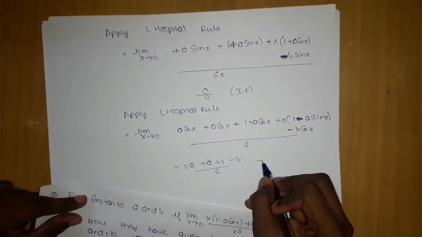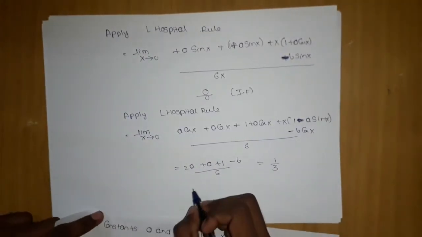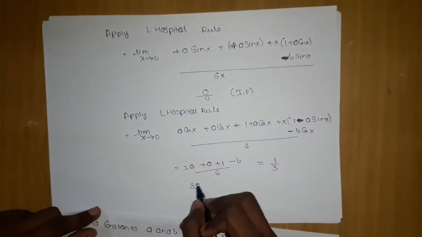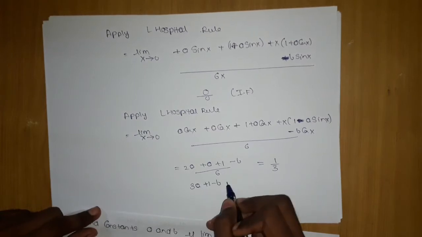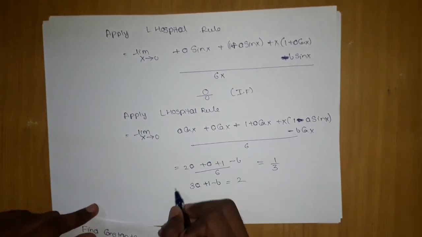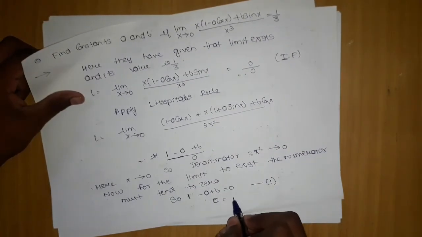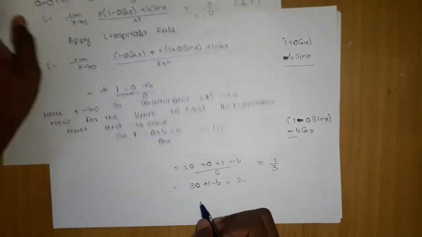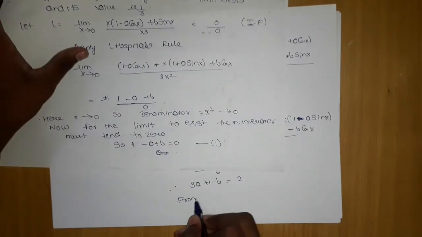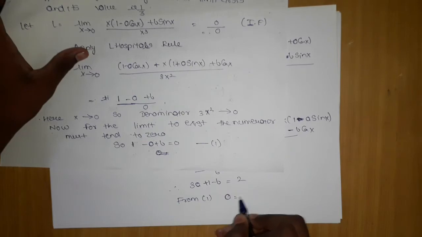Now it is a constant value, so it will be equal to the limit given, which is 1 by 3. So what we are having is 3a plus 1 minus b equals 2. Now from equation 1, a equals 1 plus b.